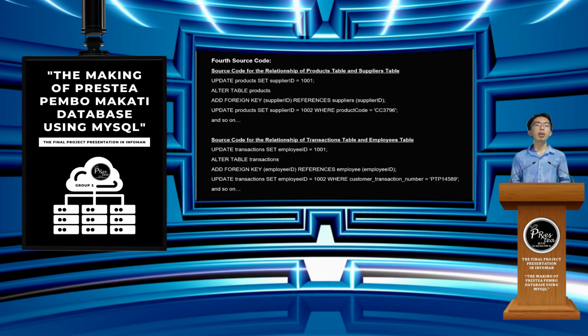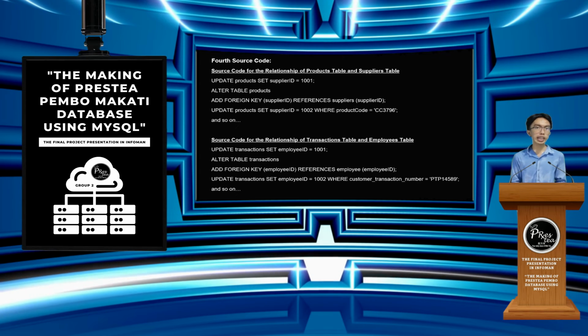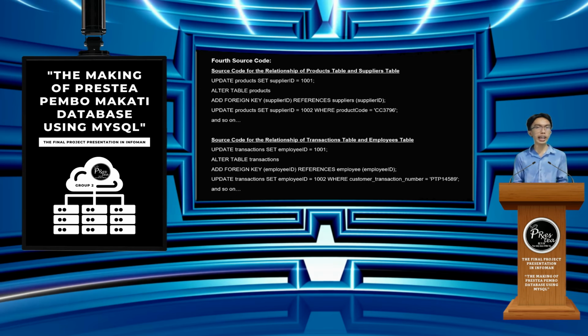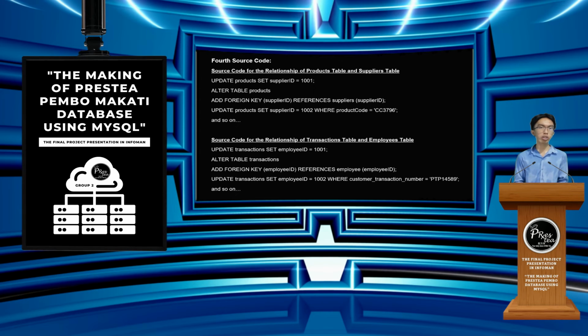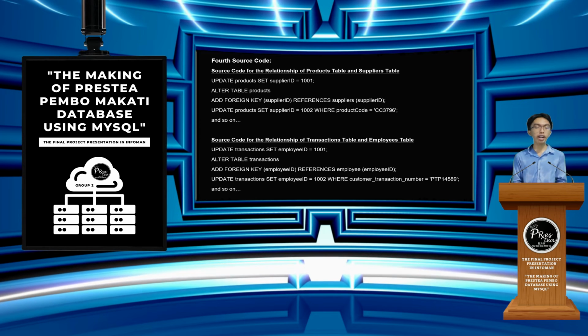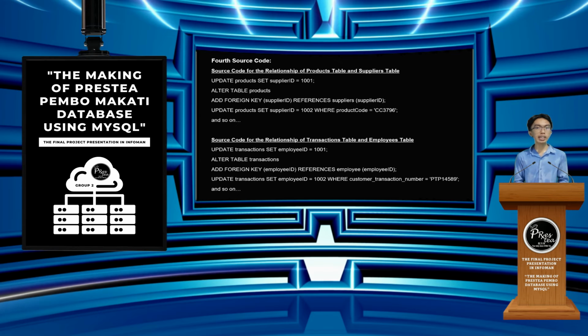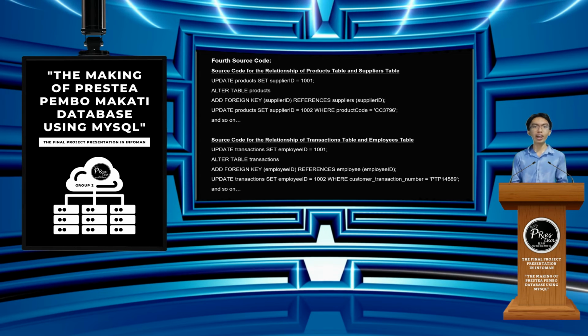This is called referential integrity. Before we can add the foreign key, we need to set the supplierID of the existing records in the products table to a valid supplierID in the suppliers table. We can say supplierID equals 1001.